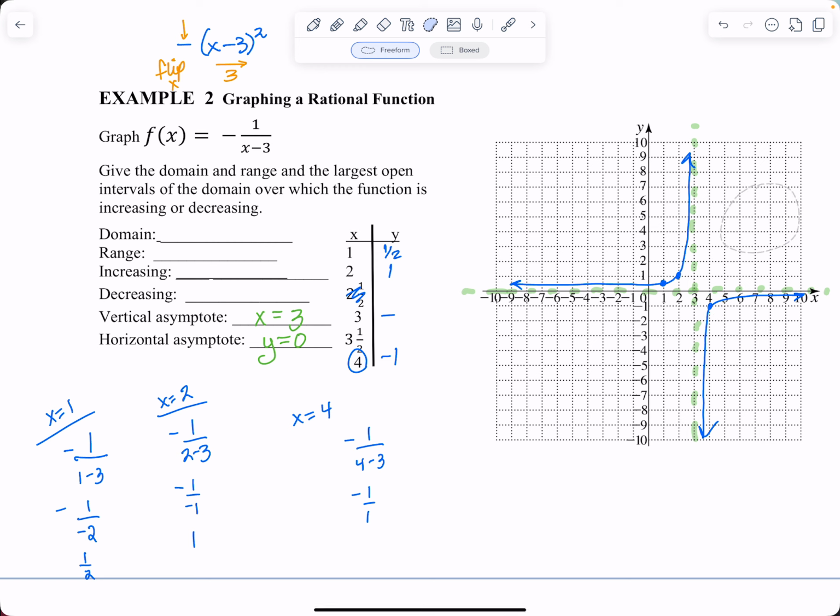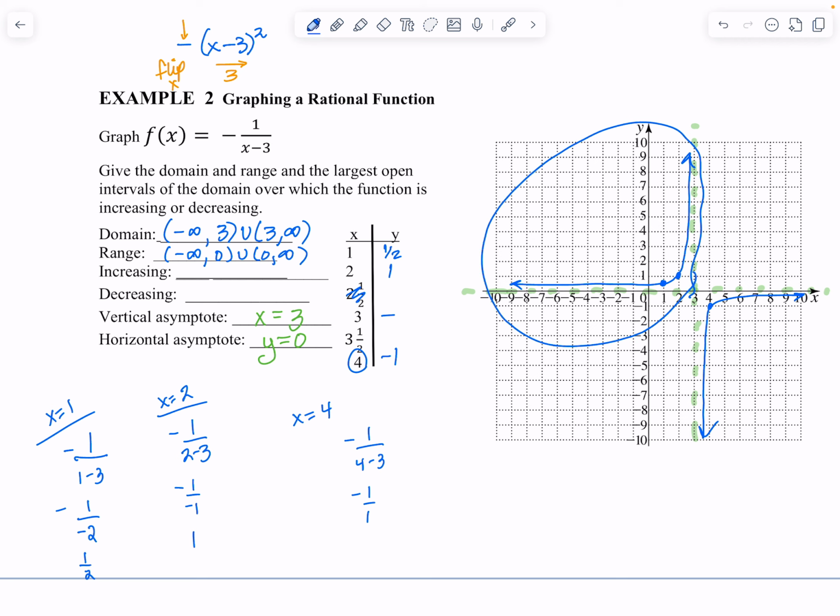Where is it increasing? So it's going to be increasing on this portion, right? That's where it's going up, even though it doesn't look like it's going up a whole lot during this part, but it is. So it's increasing from negative infinity all the way up to 3, and then we put a parenthesis there because it's going to an asymptote, right?